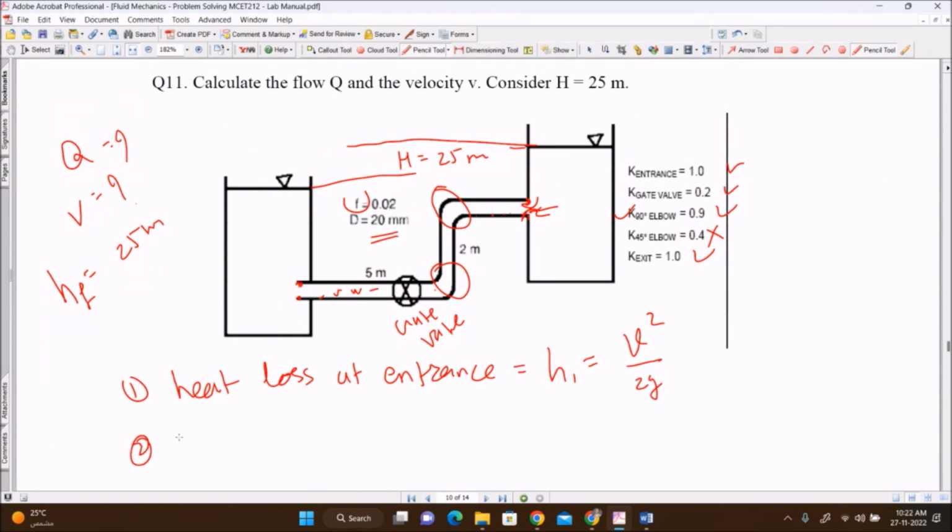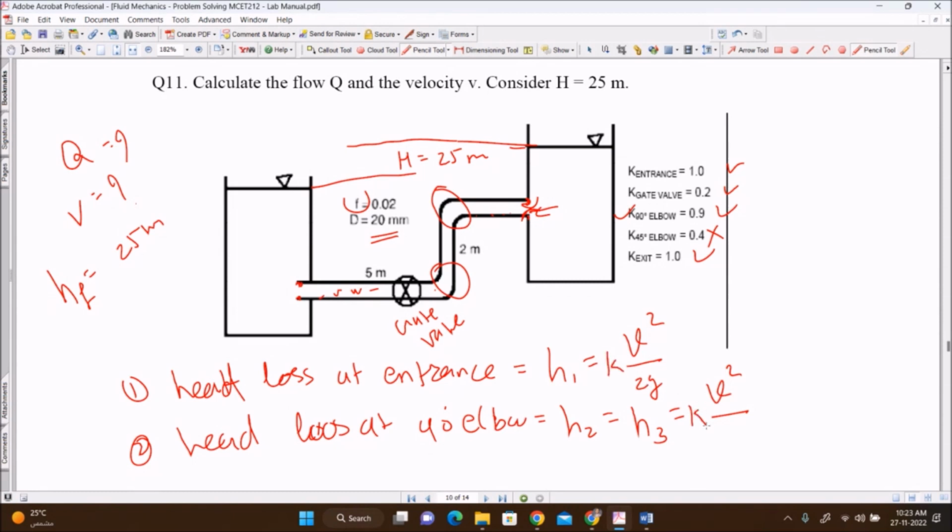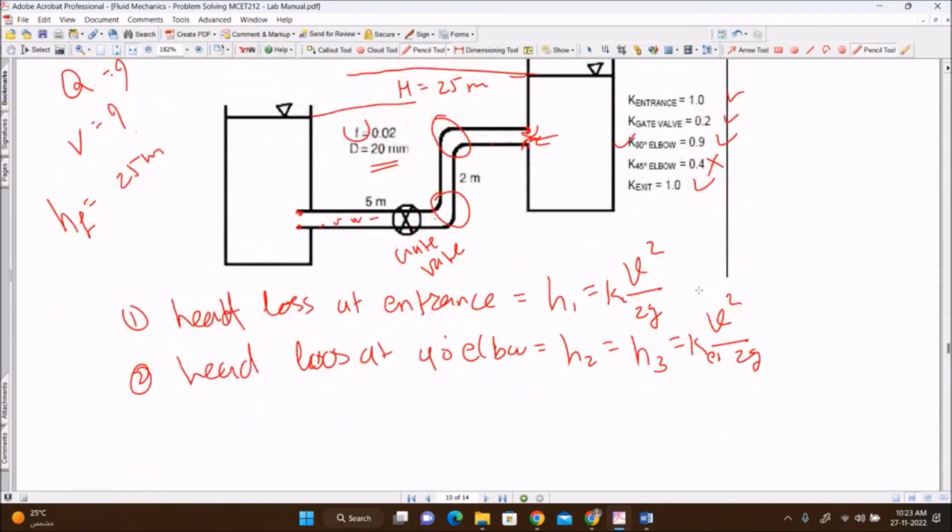Then number 2, head loss at the 90 elbow is H2. There are two elbows, so I can write twice. H3 is equal to V square by 2G times K elbow. So this is one of the head losses.